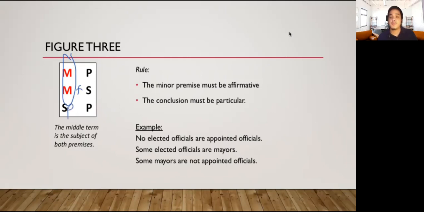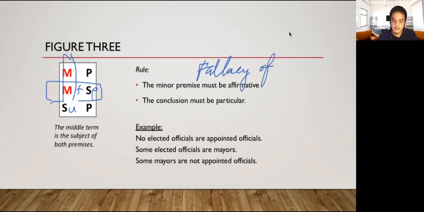What is the reason behind this rule? Because if you make this affirmative, then necessarily your predicate becomes particular. And if your predicate is particular in the minor premise and in the conclusion it is universal, then this commits the fallacy of illicit minor term.